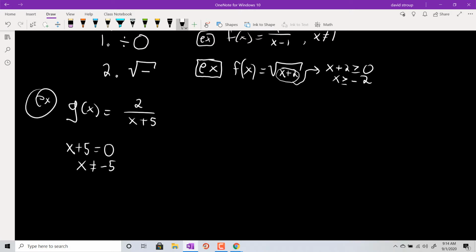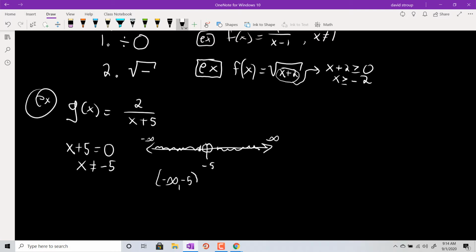Okay? So it's going to be all real numbers except -5, and we want to put that in interval notation. So on the number line, what does it look like? Well, at -5, there'll be a hole, and then everything else will be in the domain. So in interval notation, if we consider -infinity and the right side infinity, I'll be going from -infinity to -5.